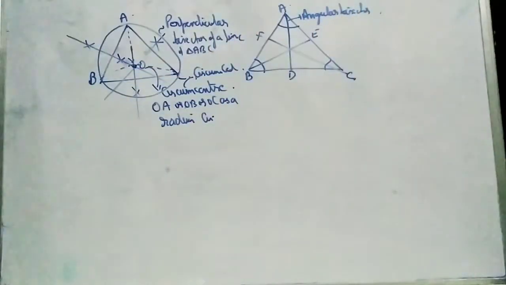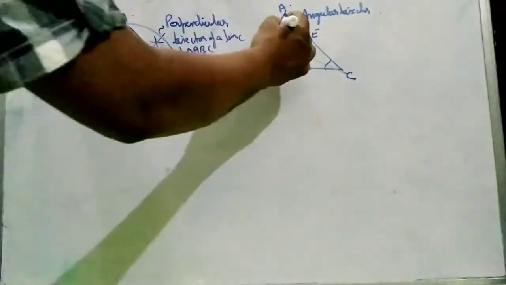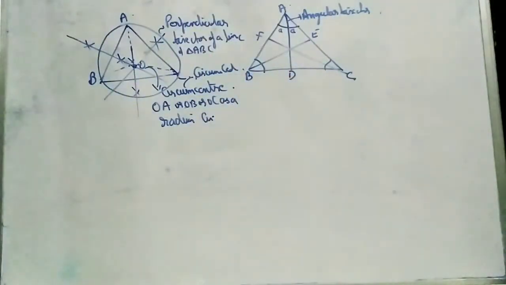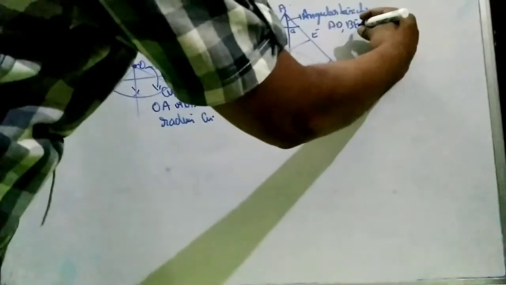It may divide BC into two equal parts or not, it is not compulsory. But what is compulsory is that it should divide the angle into two equal parts. If this angle is A, then this angle will also be A, and that line is called the angular bisector. AD, BE and CF are called angular bisectors.